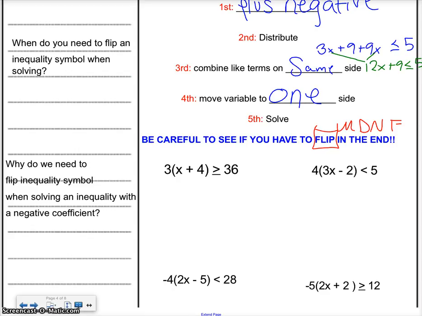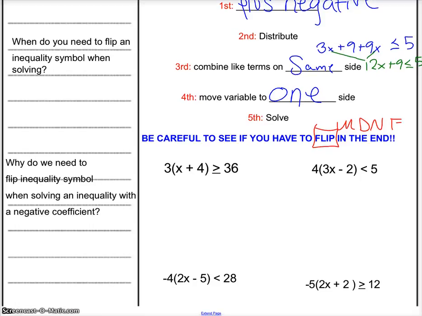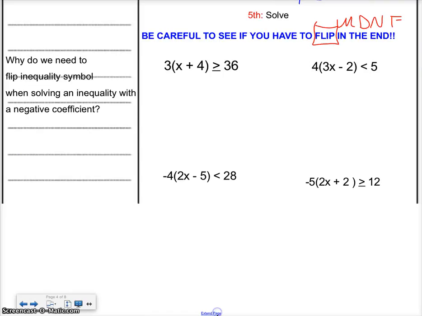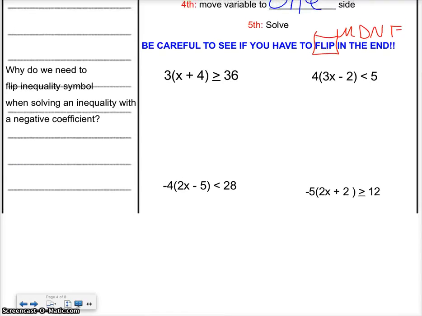All right, so we will go ahead and solve a few problems. This doesn't look too bad. Okay, so I'm just following my steps. Rewrite. Do I need to plus? I don't need a plus or negative anywhere. I do need to distribute. So that would be 3x plus 12 is bigger than or equal to 36. And then I see if I can combine like terms on the same side.